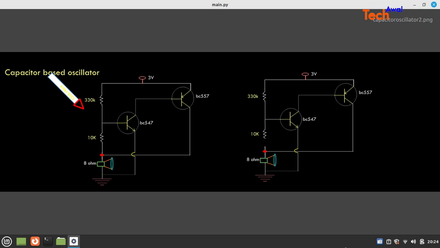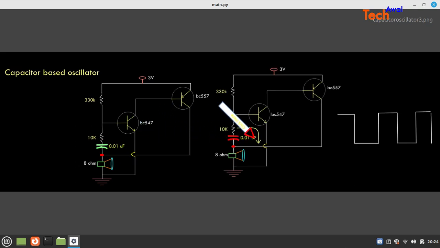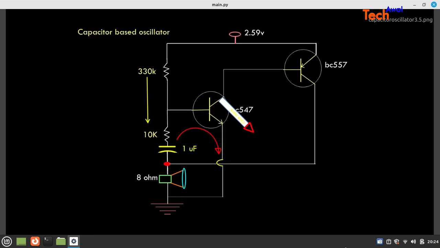What we have seen till now is that the capacitor initially behaves as a short circuit and then as an open circuit. If we look at the charging curve, the capacitor charges from the voltage source through this path, and then it discharges through this path.